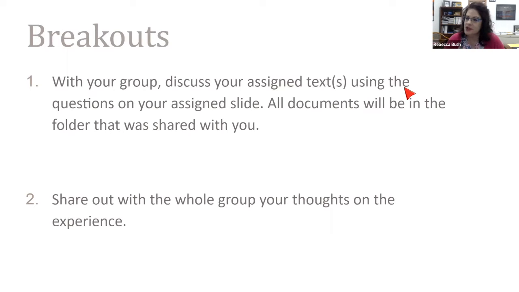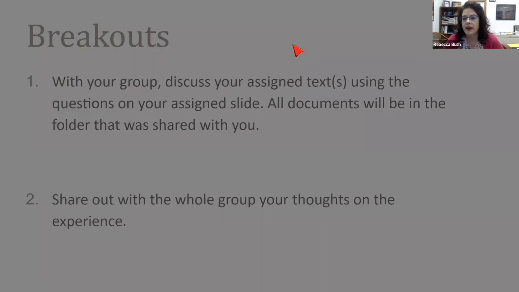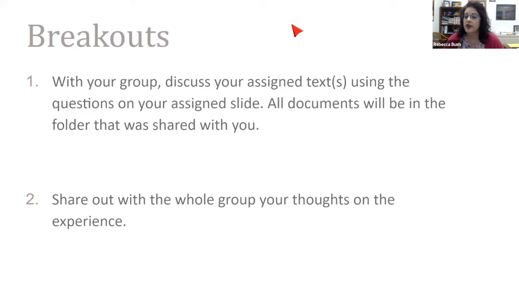All of the documents that you're going to need are a part of the folder that you have been able to access.